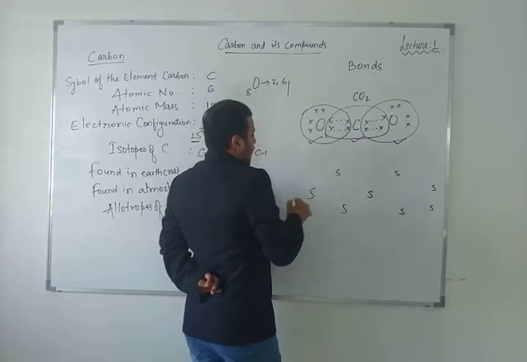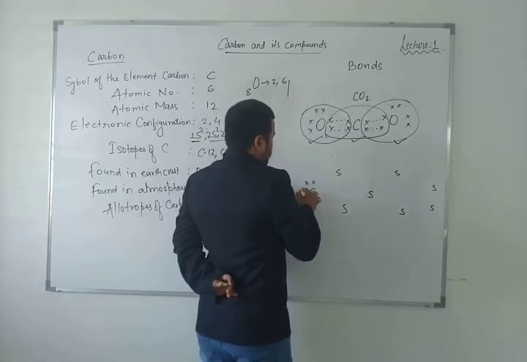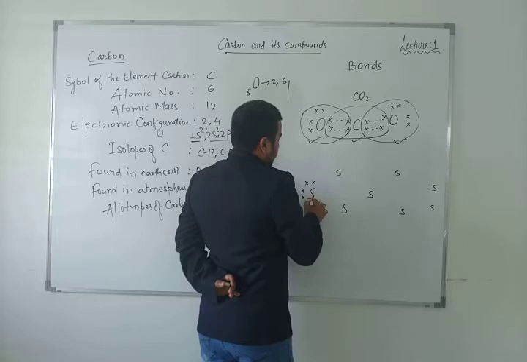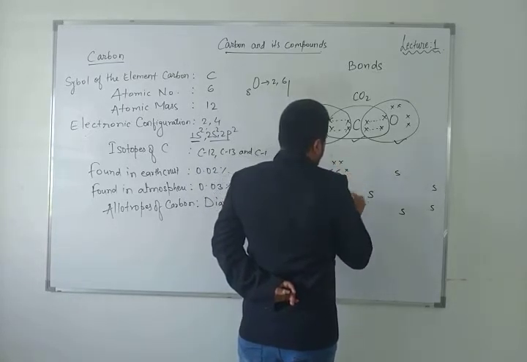Sulfur has 6 valence electrons. You know very well, 1, 2, 3, 4, 5, 6. All the sulfur atoms have 6 valence electrons.